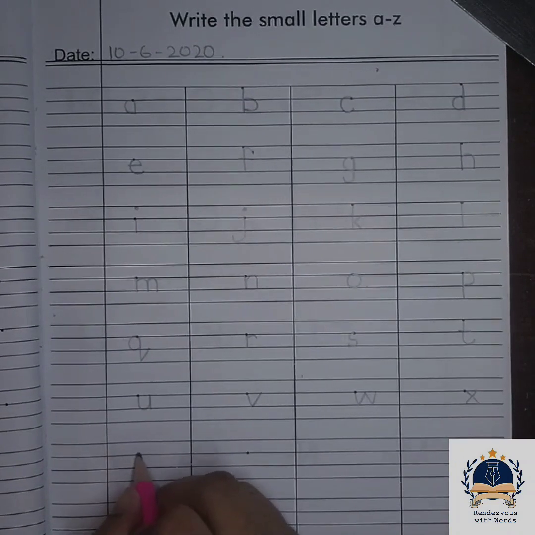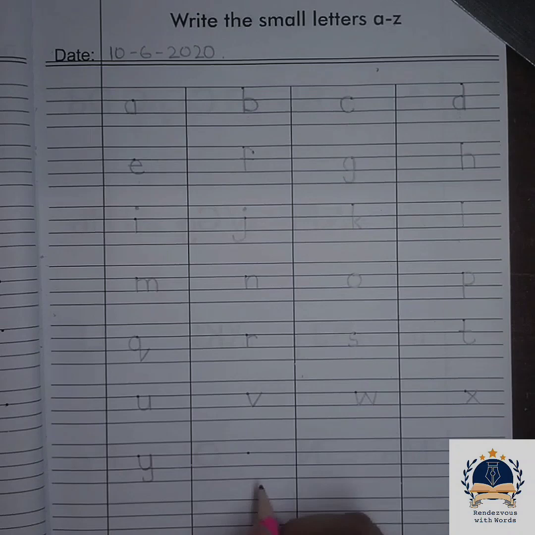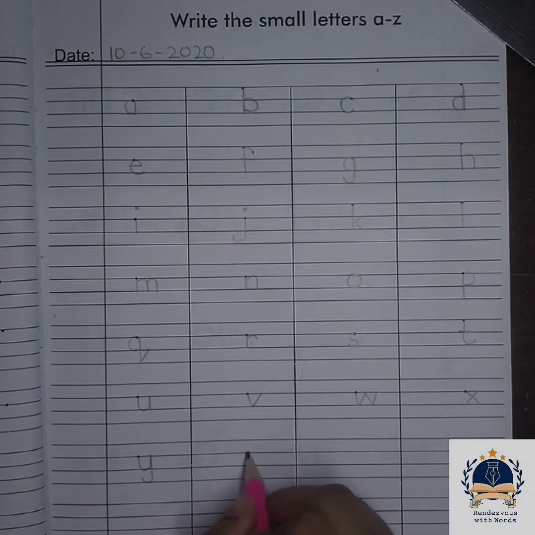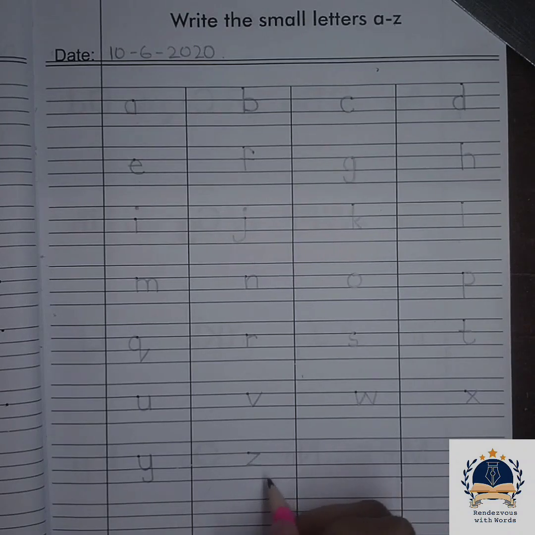Start from the fatty dot. Make a curve, come down and turn a little. Y. Ya, yolk. Start from the fatty dot. Make a sleeping line. Go slant down and then again make a sleeping line. Z. Zebra.